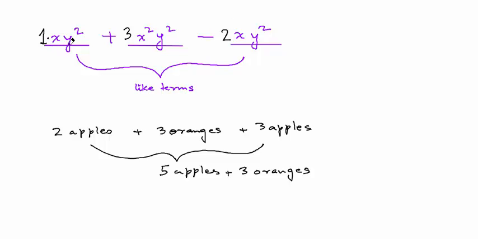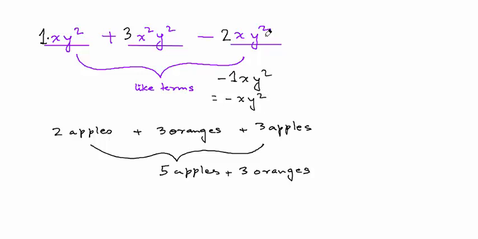So if you were to combine this 1xy square with this negative 2xy square, you would do 1 minus 2, which gives you a negative 1. So when you combine them, you get negative 1xy square. You can get rid of the 1 that's not required. It's always implied. So that is equal to negative xy square.